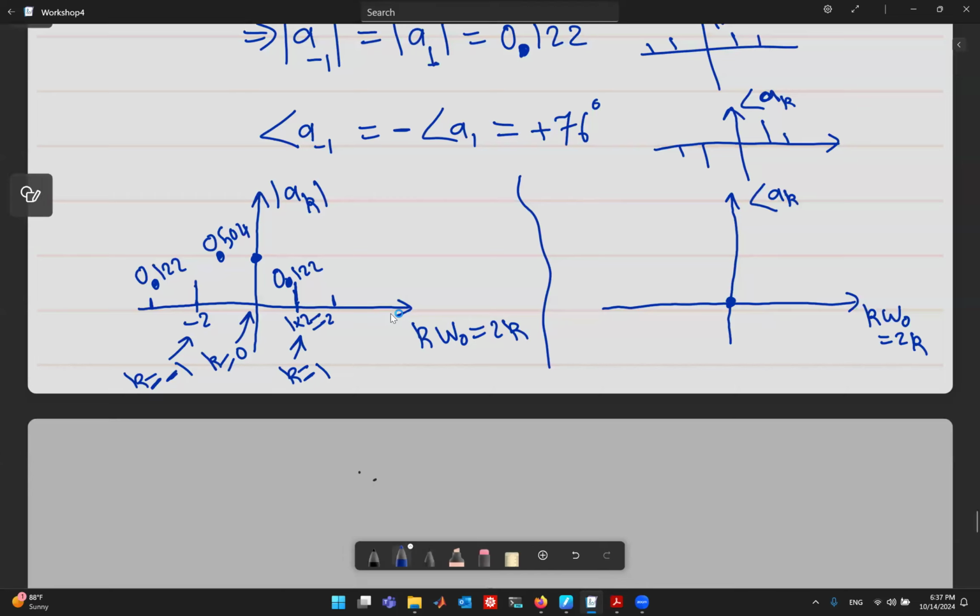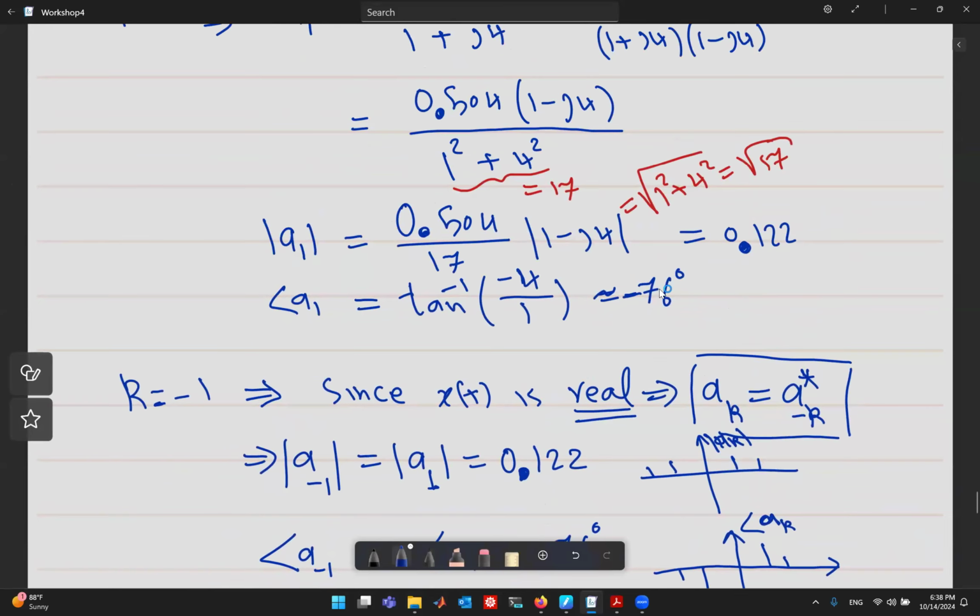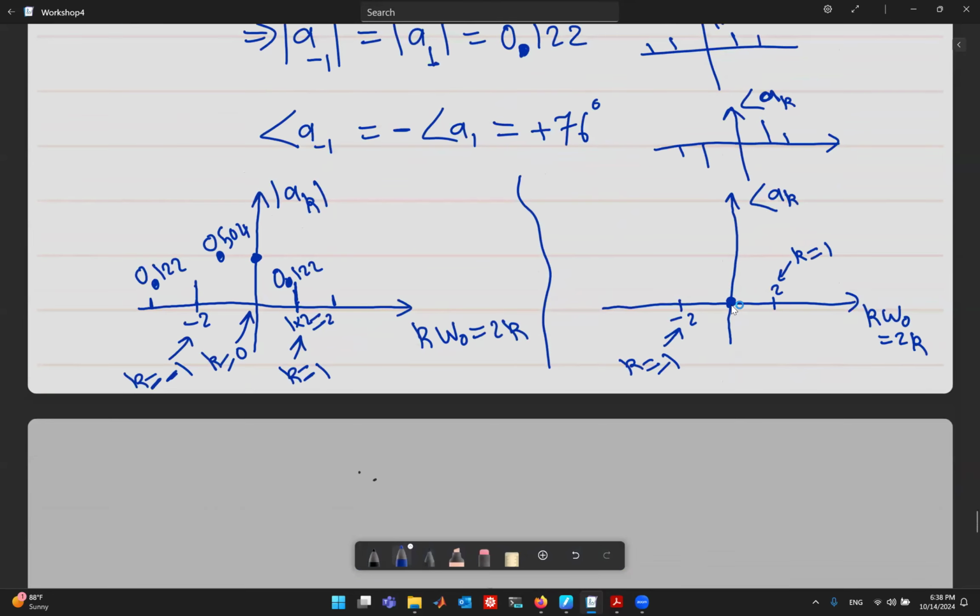And when k equals 1, the phase was minus 76 degrees, something like this.